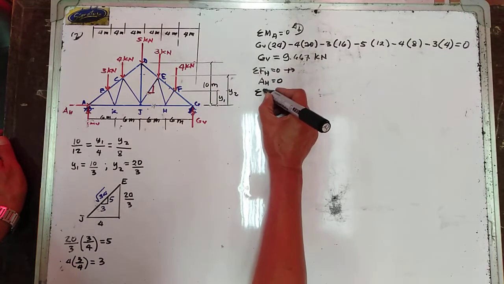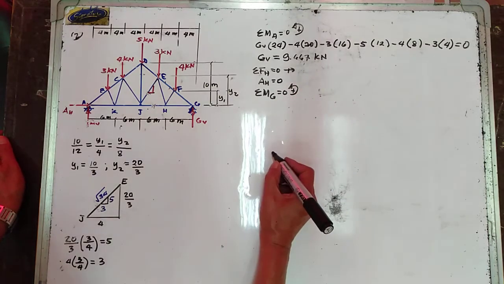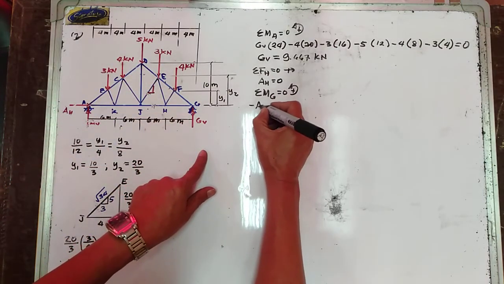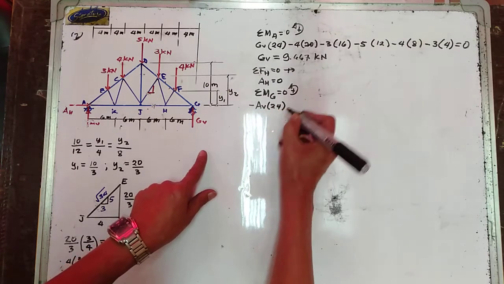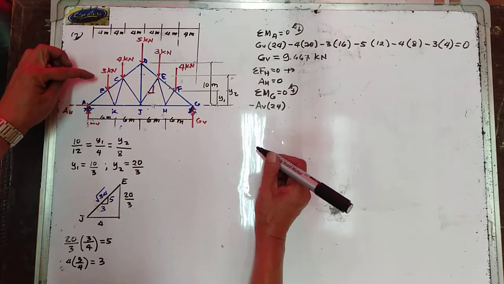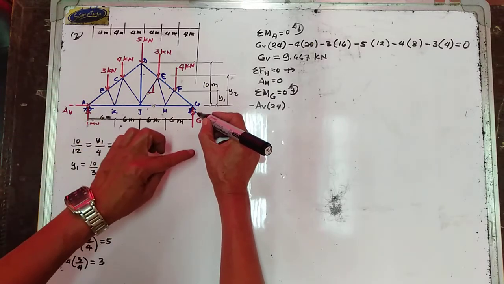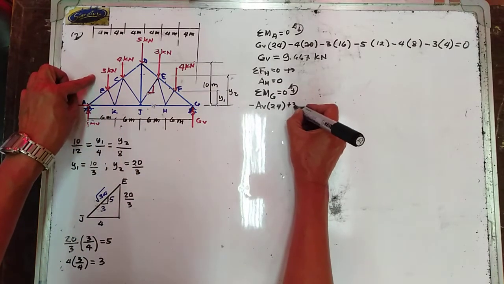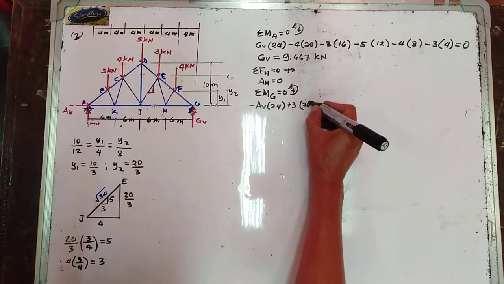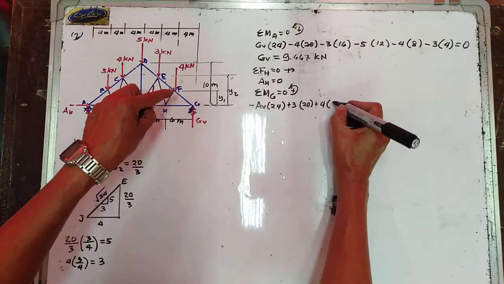Now, summation of moment about point G is equal to 0, counterclockwise moment positive. So, minus AV, multiply this one by 24. Plus 3, multiply this one by 20. Plus 4 counterclockwise, multiply this one by 16.